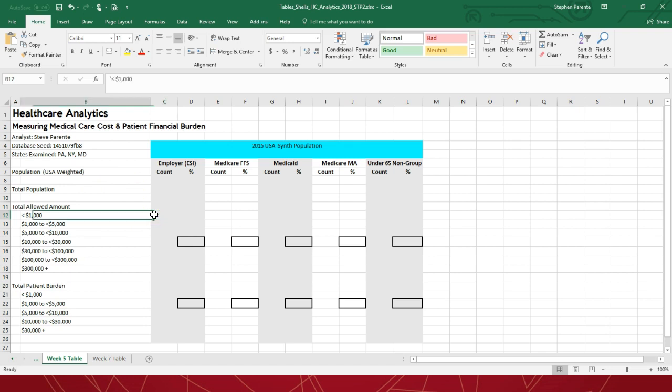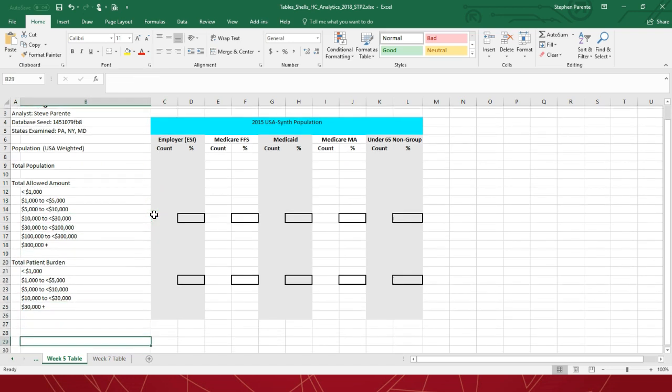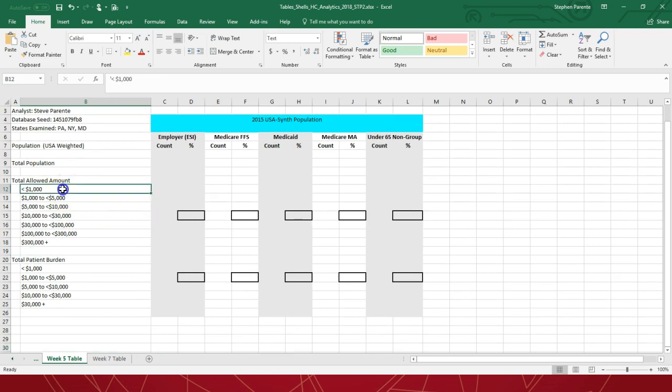The categories that we're now going to be generating from claims data will be really focused on two different things. One is the total amount allowed, which is the deductible plus other components. I'll just break that down actually as an illustration on the spreadsheet in a second. And so the total patient burden, which is how much the person puts out in terms of copays and other deductibles.